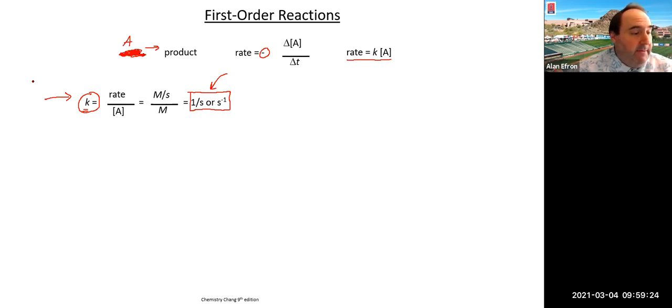They will give you the rate constant and its units, and from seeing the units associated with that rate constant, you should be able to determine the order of the reaction. So it's important to understand that when you see certain units associated with K, it will also tell you the type of reaction you're dealing with.